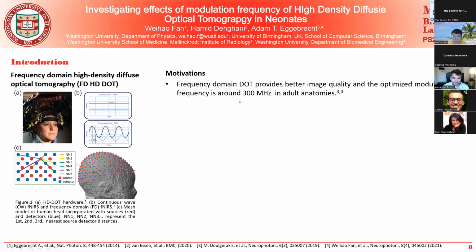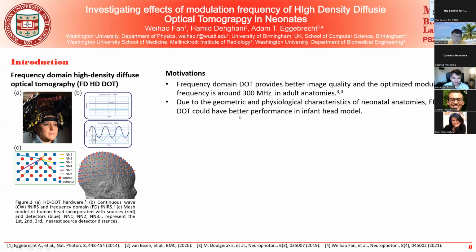Our previous work showed the optimized frequency is around 300 megahertz in adult anatomies. However, due to the different geometry and physiological characteristics of the neonatal head, we think FD HD-DOT could have better performance in the infant head model.